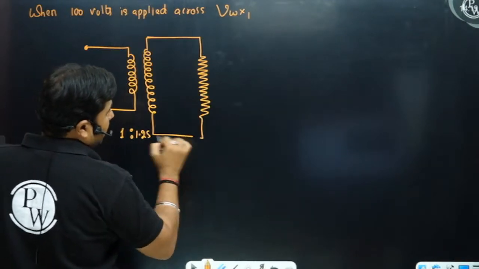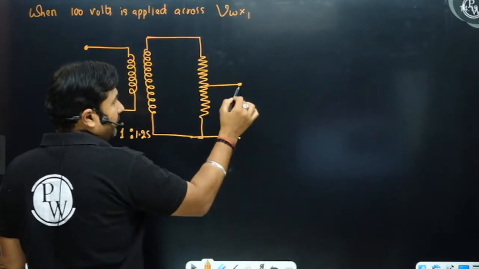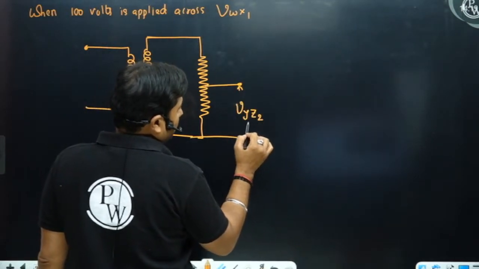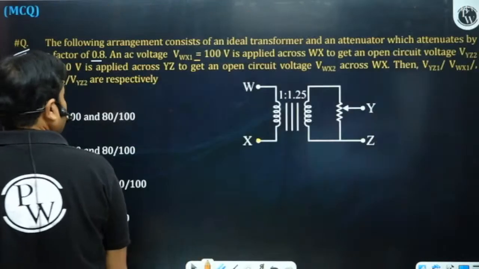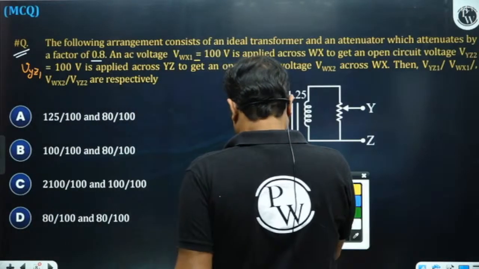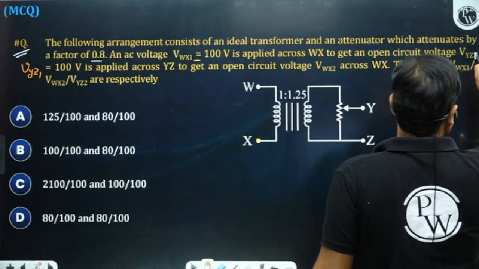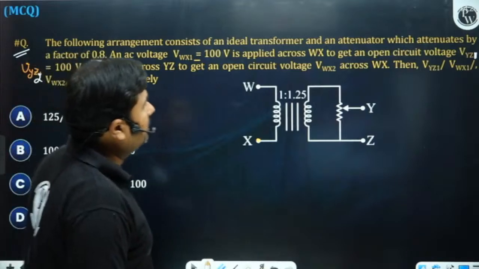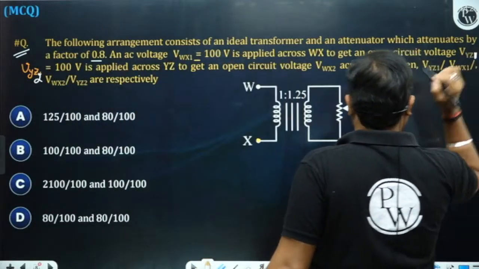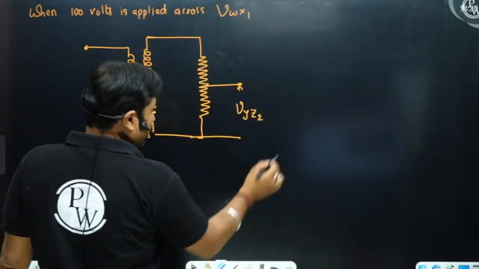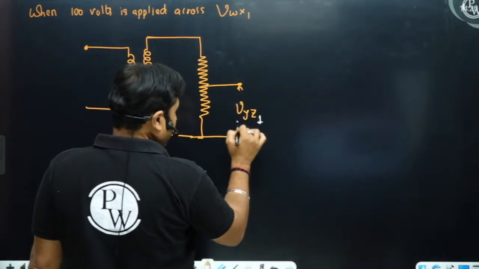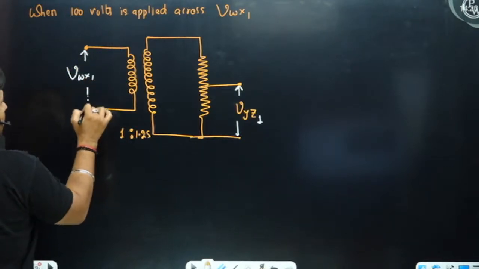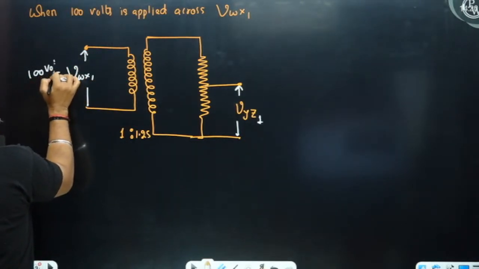An attenuator can only attenuate, it looks like a potentiometer, okay? And voltage here is VYZ2. This must be VYZ1 and this must be VYZ2. So voltage appeared across here is VYZ1. VWX1 will be equal to 100 volt. This is the first case.